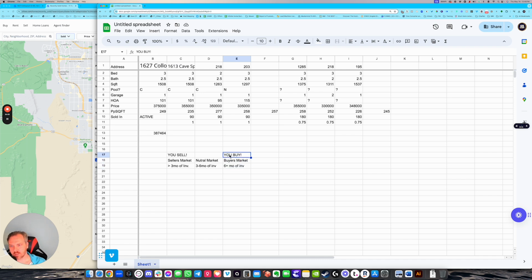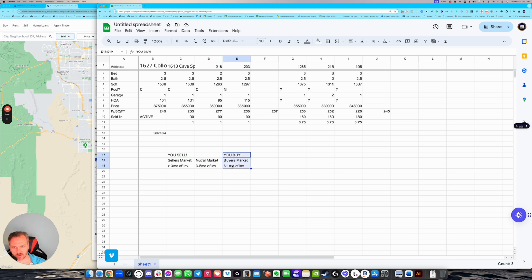So, for instance, one of the offers we got, they wanted us to pay for $5,000 of their closing costs, and we're like, you do realize that we are the seller and this is a seller's market, and the likelihood that we're going to find somebody else is really, really high. And they came back and were like, okay, never mind, don't worry about it, right? So that's the seller's market.